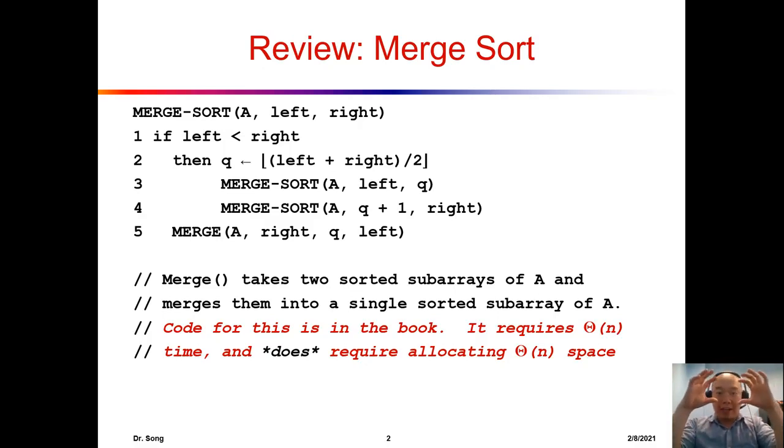Say we have one big list, and to sort it, we separate it into two small sublists. We sort both of them, and then merge them together into a big final sorted list.